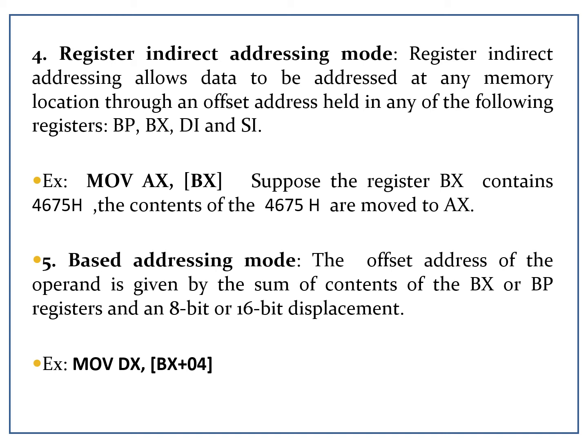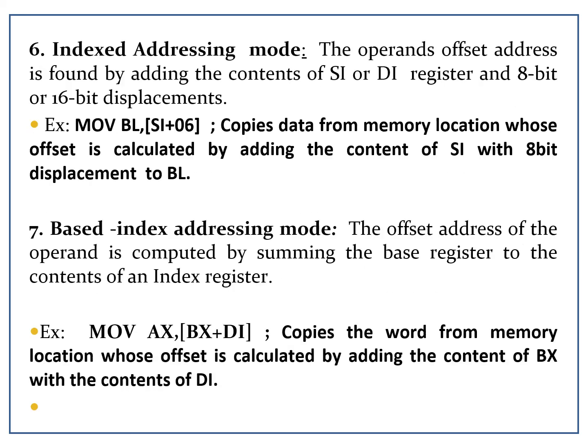The offset address of the operand is given by the sum of the content of the BX or BP register and an 8-bit or 16-bit displacement. Suppose a displacement is given, so BX register plus displacement, and that memory location's content is moved to the DX register.